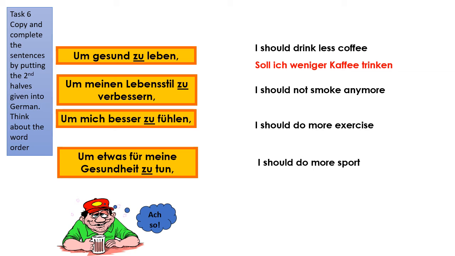I've done the first one for you. I should drink less coffee goes to soll ich weniger Kaffee trinken. So if you think about that, it means should I less coffee drink? So think about what the order should be, because it's not going to be the exact same order as what we do in English.